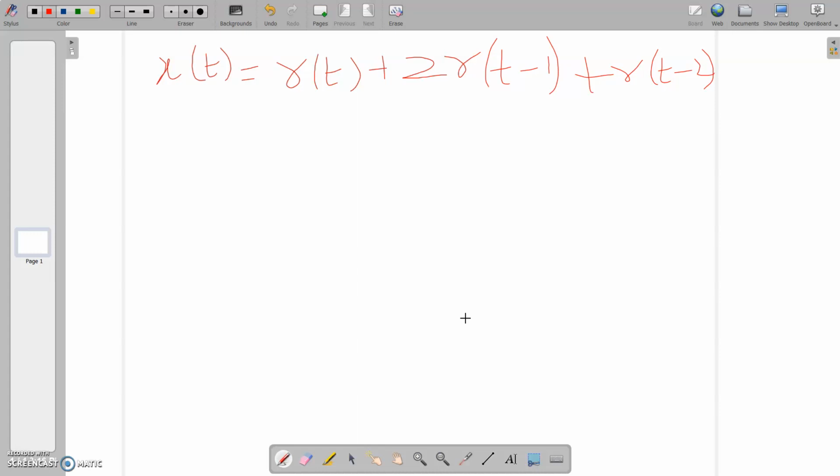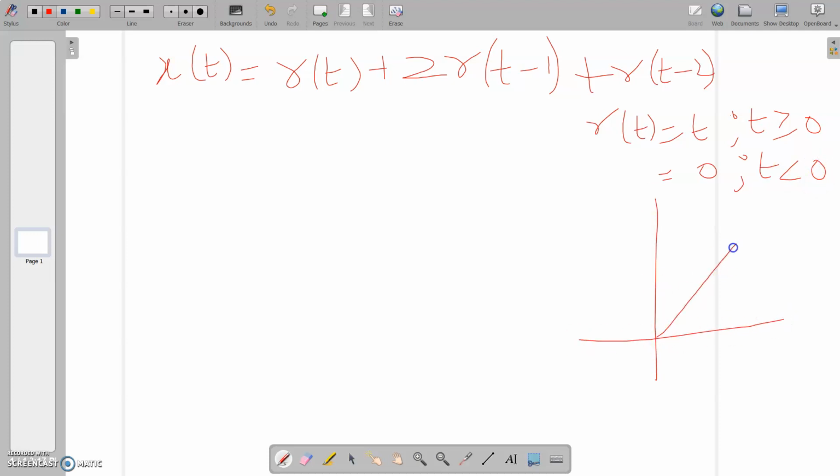R of t is defined as R of t equal to t for t greater than or equal to 0, and equal to 0 for t less than 0. The signal is given by an increasing slope like this, going from 0 to infinity.